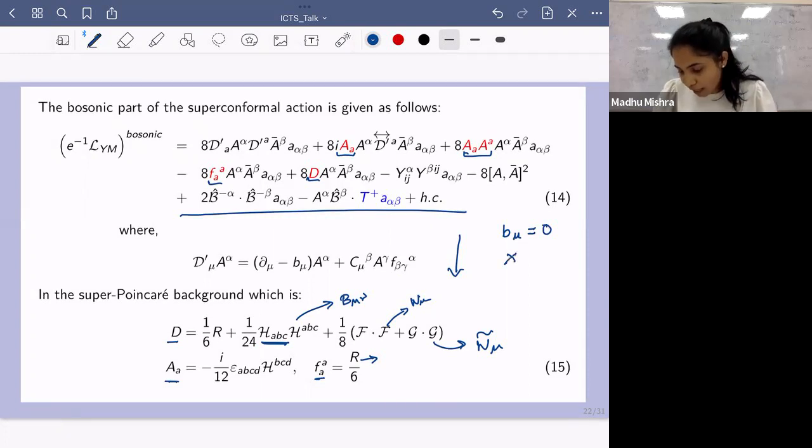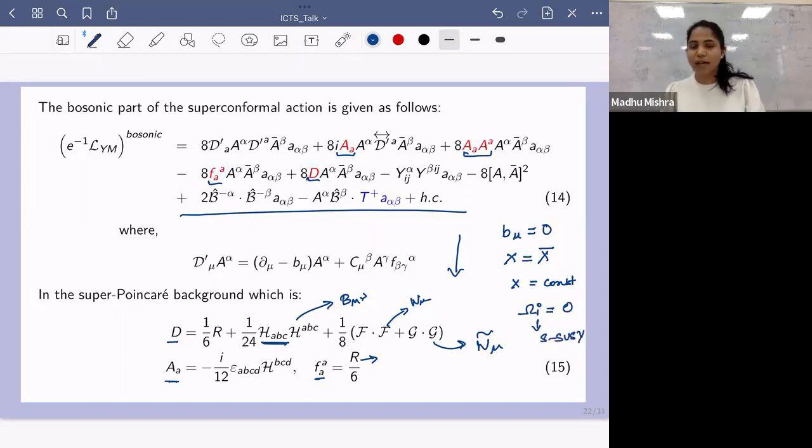We can use X equal to X bar, where X is the complex scalar in the dilaton Weyl multiplet, to gauge fix U(1). We can fix this to some constant to gauge fix dilatation, and we can use this symmetry to gauge fix S_C. So in the end, we will have Poincare symmetry and SU(2) symmetry.